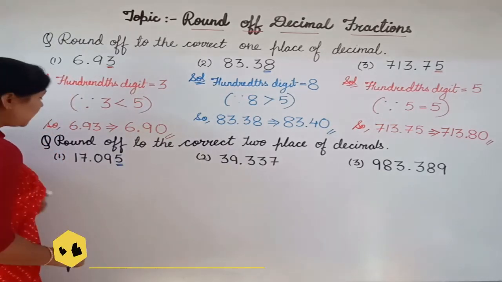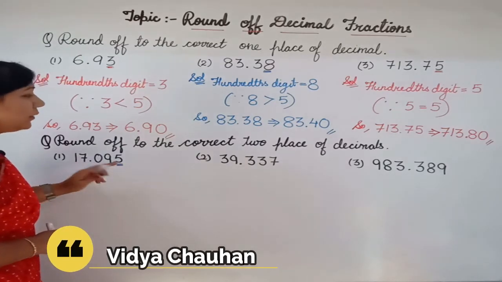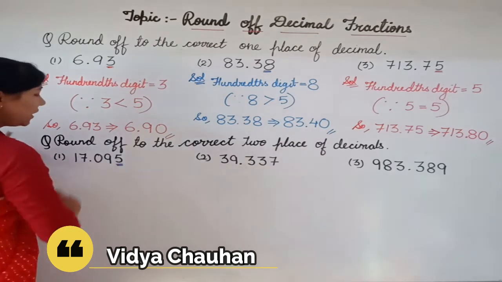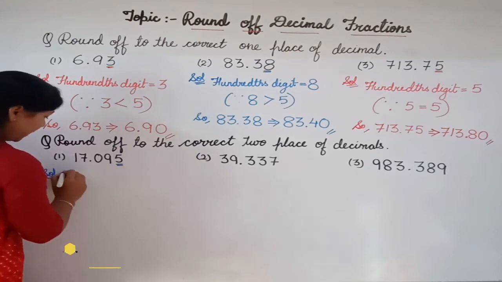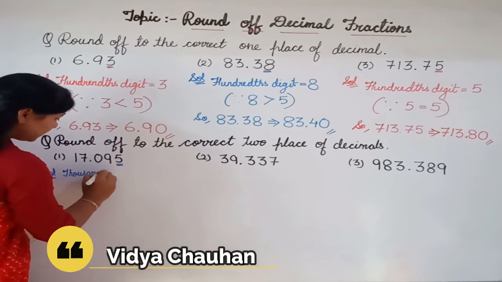Let's take the first number, 17.095. Let's start the solution. First you will write the thousandths digit.